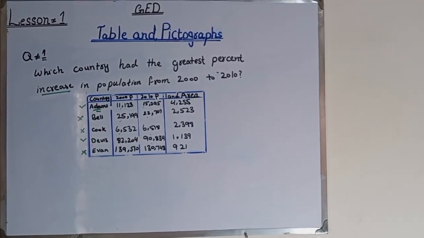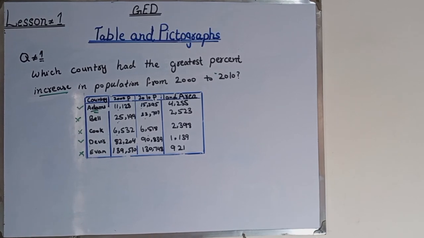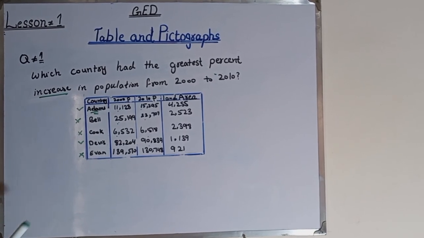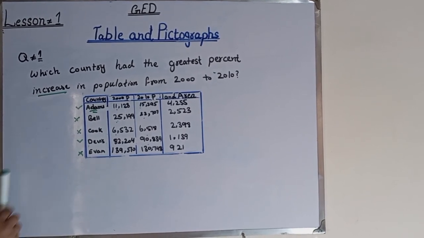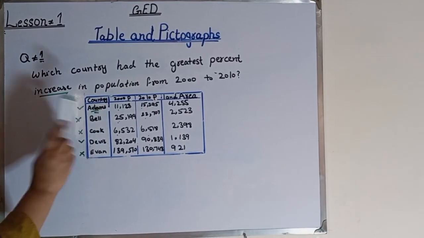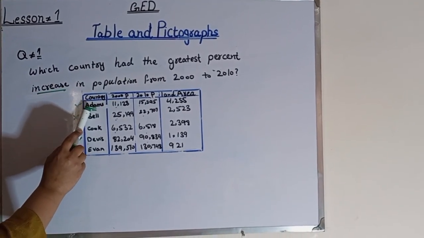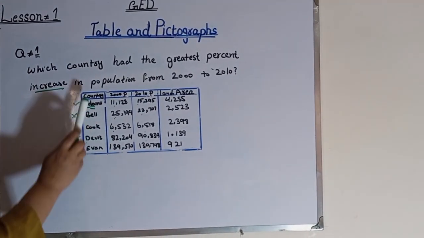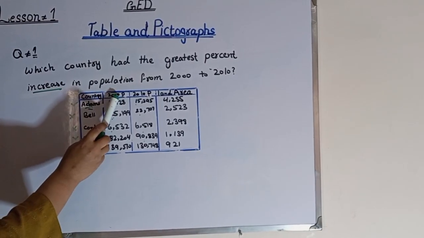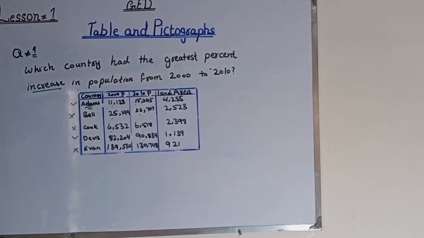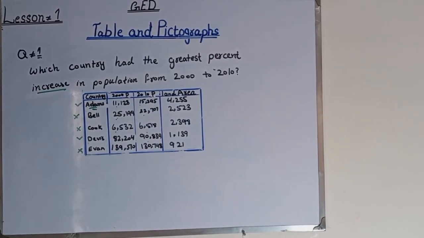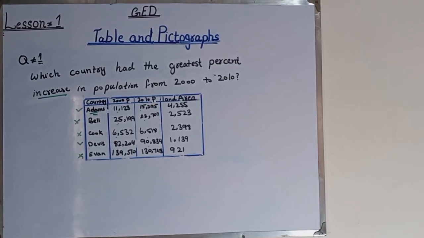So I asked you earlier, read the question carefully and understand what each row means. Each row is about Adams, Bell, Cook, and the columns are about country, 2000 and 2010. So when answering the question from a table, use only the information you need.